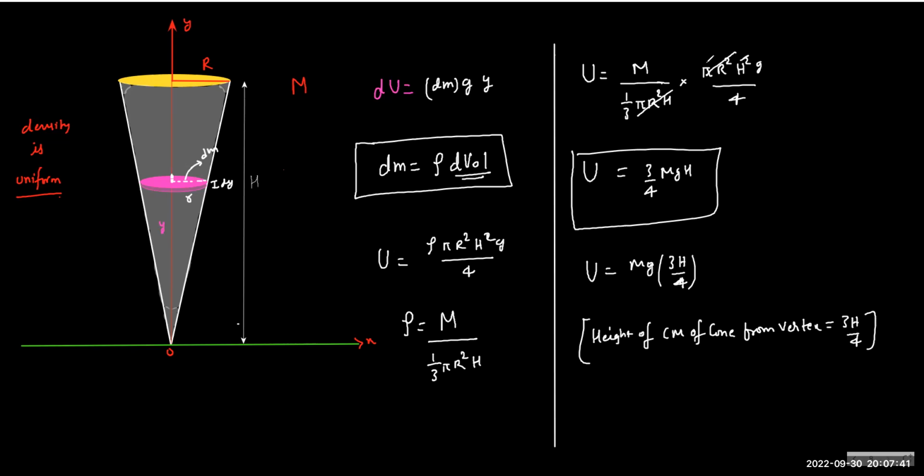Now, this is not the only way. Sometimes there is a trick also. So we have derived the formula for the volume. Let's see the last way. For a spherical object, we have some other method also.